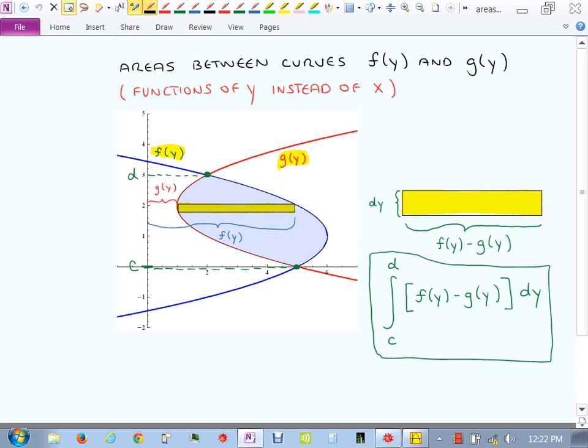The top one is the blue one, the bottom is the red. But what about over here when I try to draw a rectangle to account for that sliver? What's the top function? The same as the bottom function. So if I try to subtract them, I get 0, which doesn't make sense.